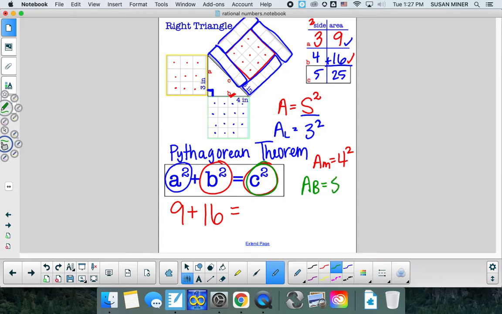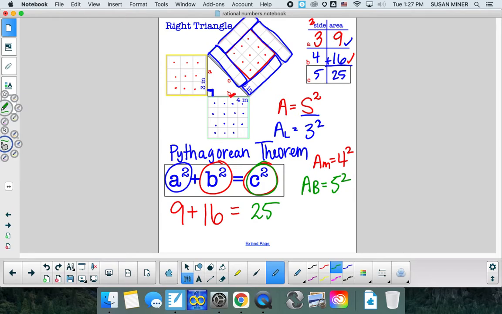Let's do this: 5 squared, right? So 3 squared plus 4 squared equals 5 squared. And in fact, 9 plus 16 equals 25. So the areas add up, right? The two smaller areas add up to the bigger area.